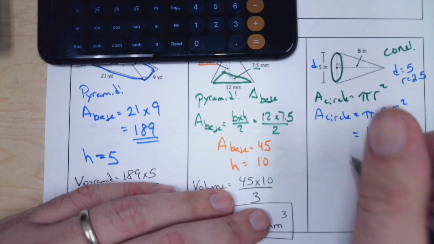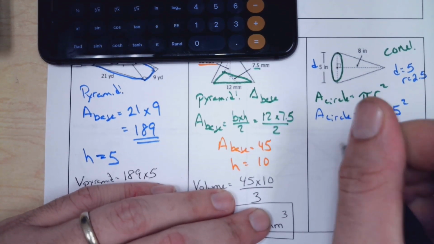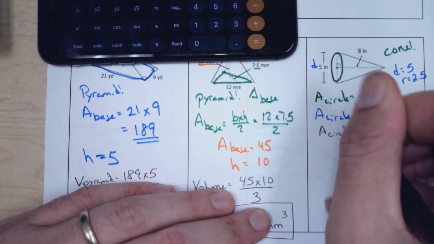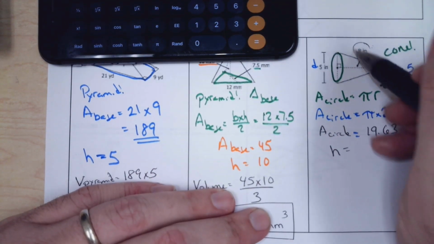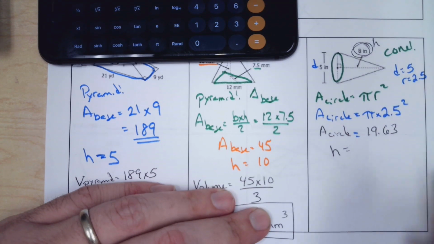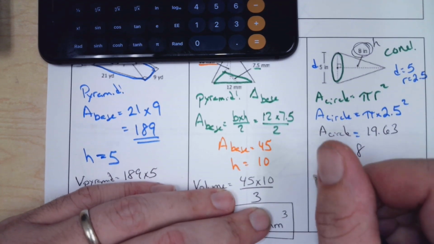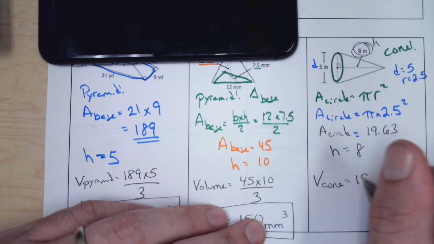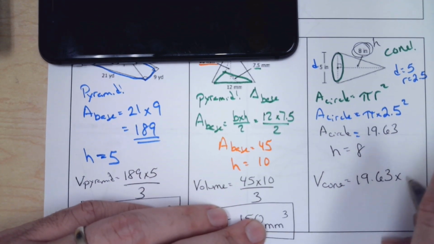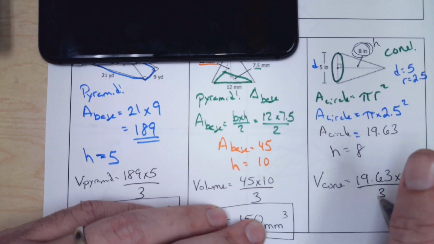Okay, and now that's the area of the circle, and now h, how tall is the cone? That would be 8, so that is my h. And so then the volume of the cone is going to be 19.63 times 8 divided by 3.